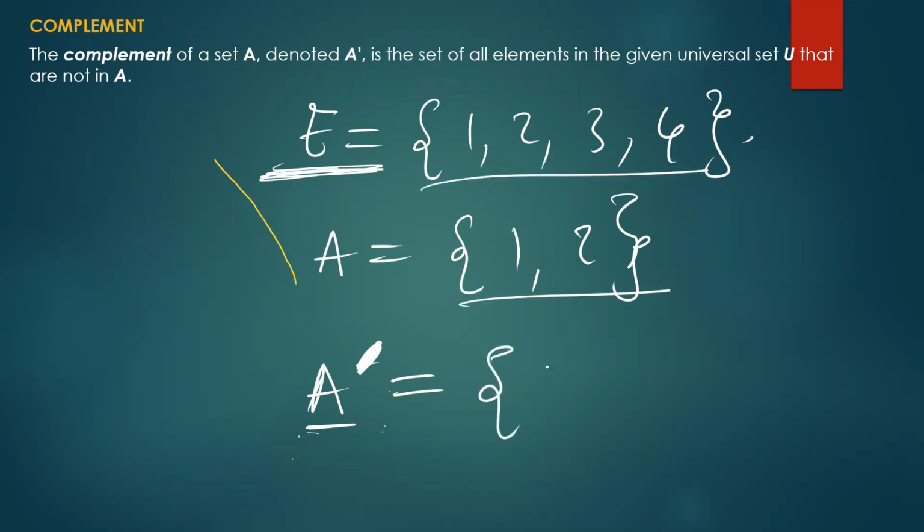So these elements are simply 3 and 4. Okay. So the complement of a set is simply just a set that shows the elements that are not in that set, but they are present in the universal set.